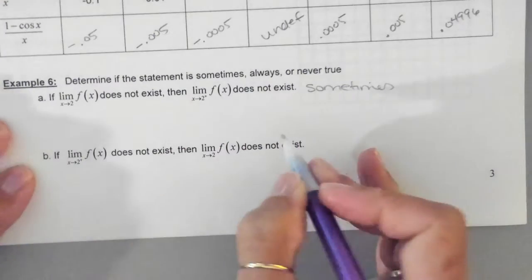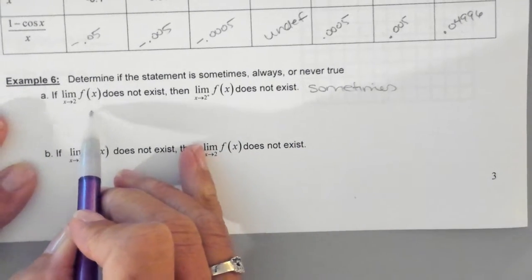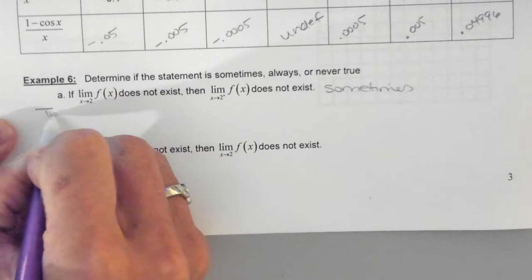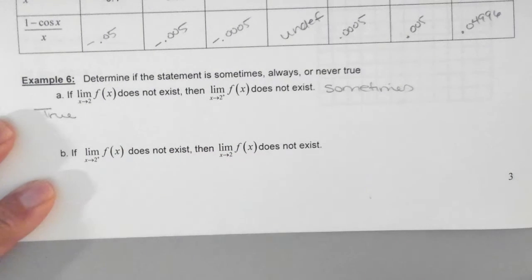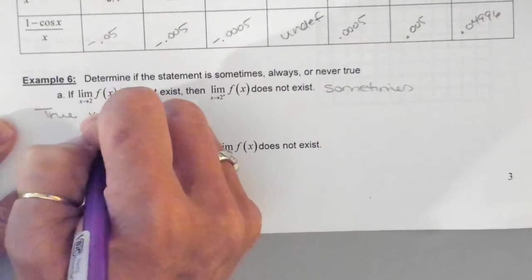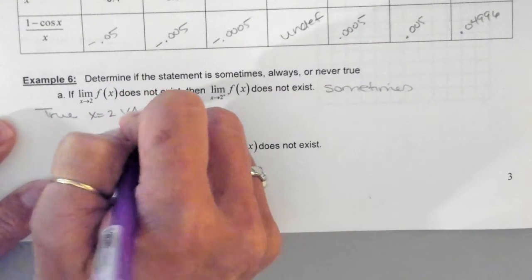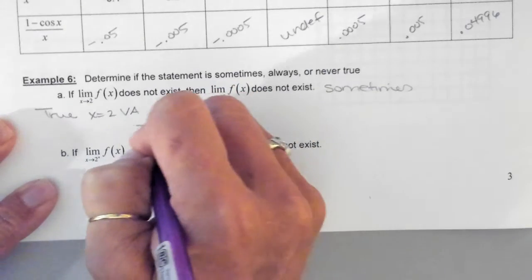Okay, so this statement would be true if you had a graph that was approaching from the right and x equals 2 is a vertical asymptote. So this is what I mean.